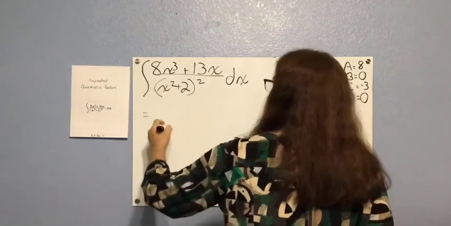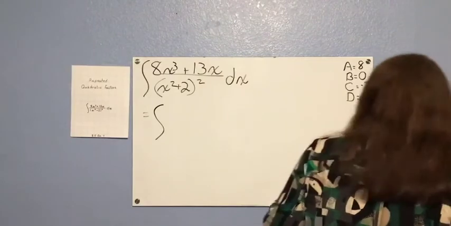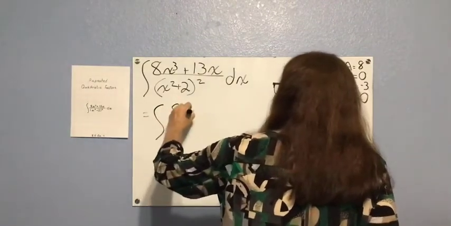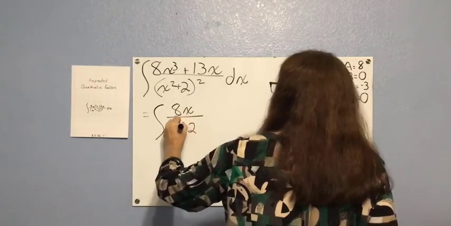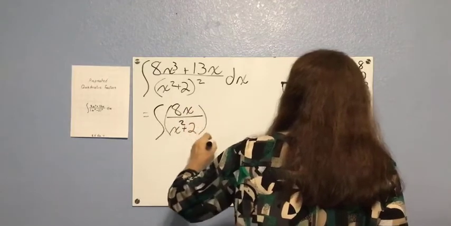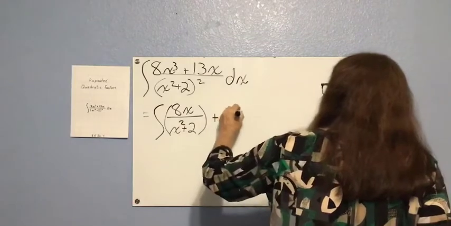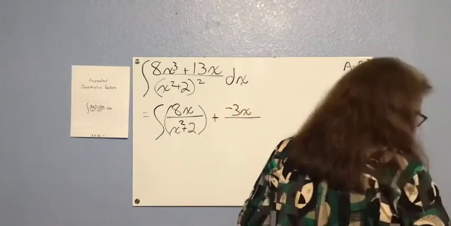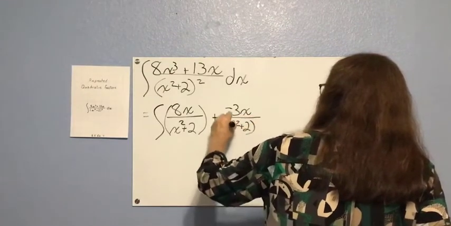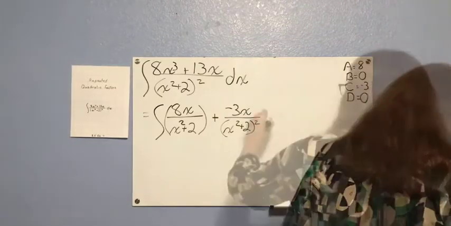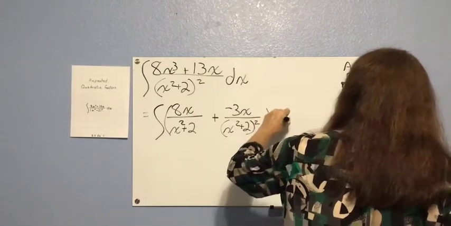So now I'm going to rewrite my original integral. It will be 8x over x squared plus 2, plus negative 3x over x squared plus 2 squared, and then dx, of course.